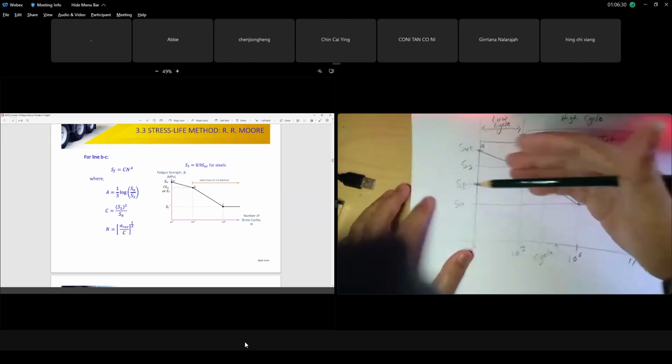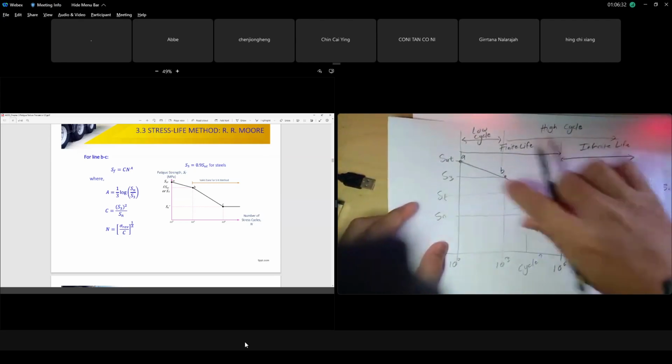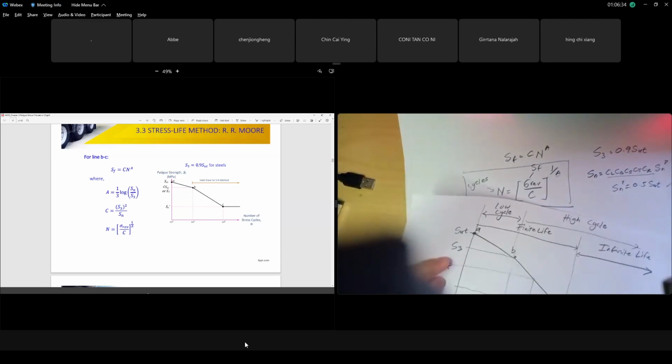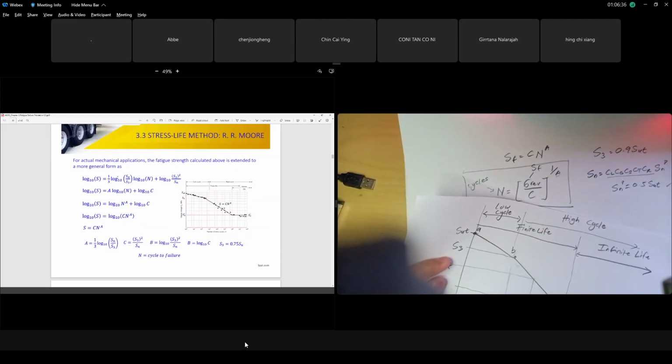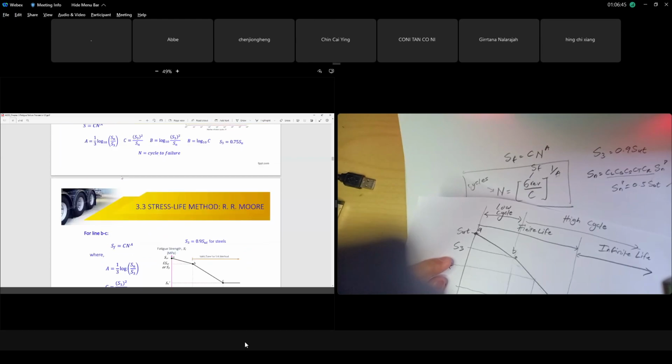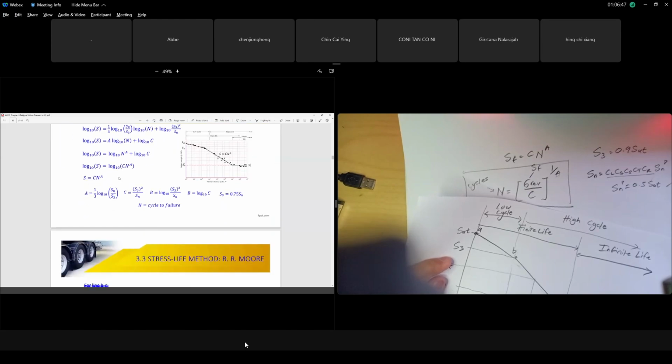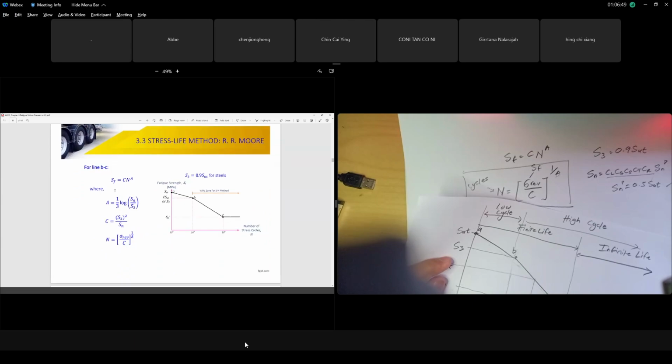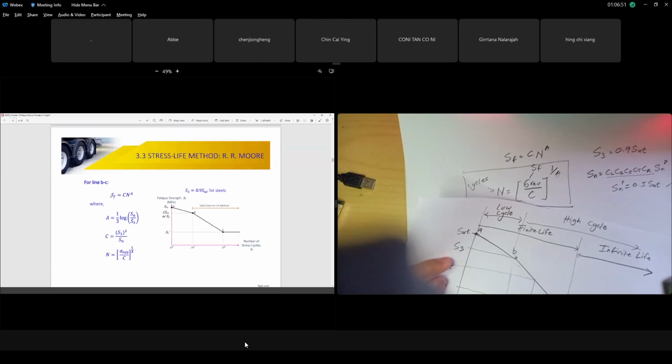The equation is for line BC, log 10. That's why I don't want to explain this more complex one. Actually this is how they derive it. Can you see the notes? They derive it and make it simpler. Actually SF is the fatigue stress that you calculate.